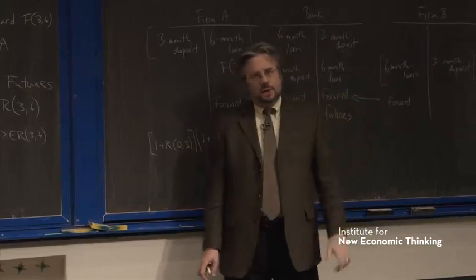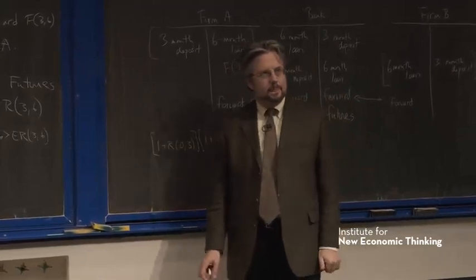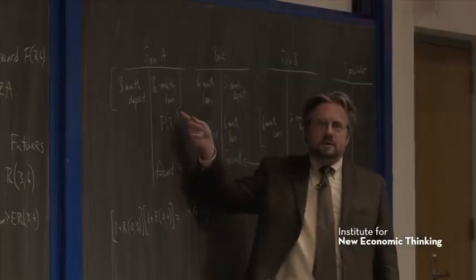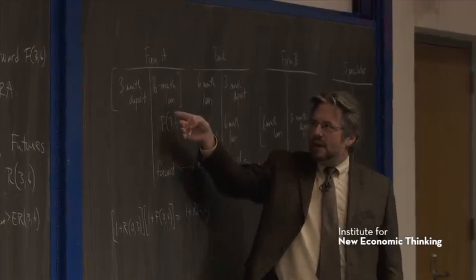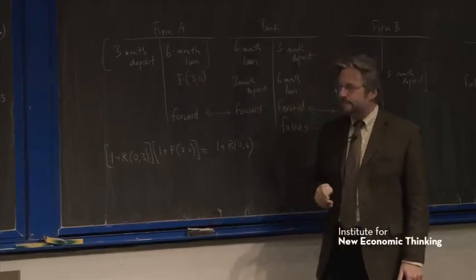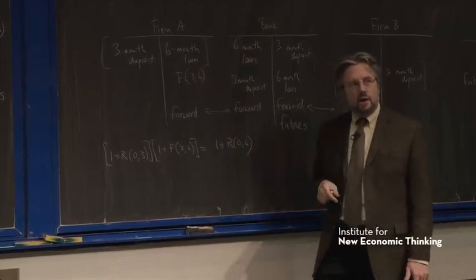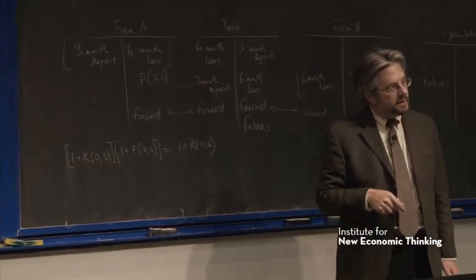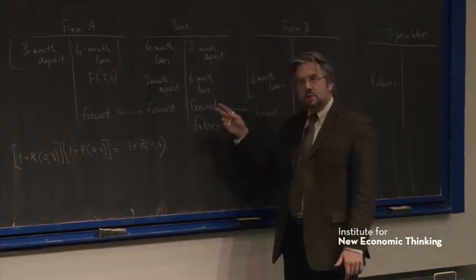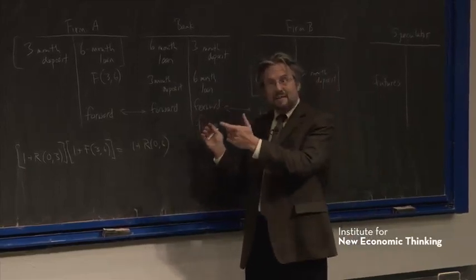Now, the difference between forwards and futures is cash flow. So this gets to our advanced clearing again. A forward agreement causes no cash flow except at maturity. Futures agreements are marked to market and they cause cash flow every day, in or out, depending on which way prices move. So here's where we're starting to see what I was saying, banking as advanced clearing.